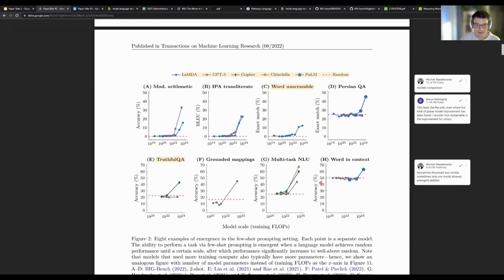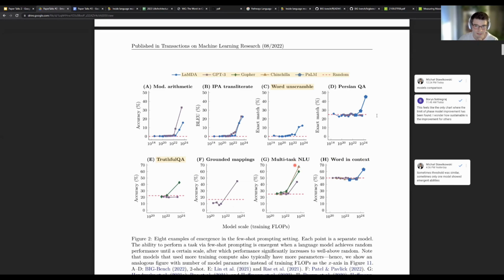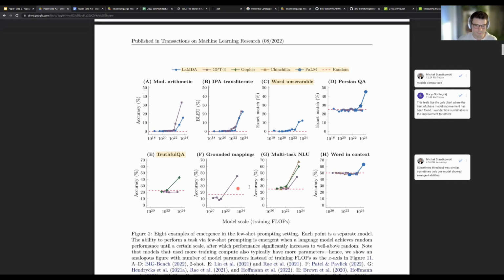So this random accuracy is 50%, but for some tasks we actually have like 3 or 4 different answers. So there the threshold will be 25%. Like in this multitask I show with these different types of answers, and this is why we have this random baseline at different levels of accuracy in this particular case.